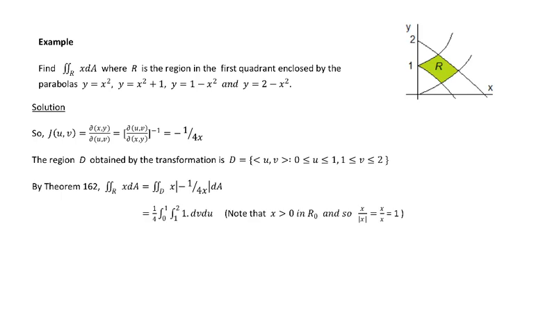Keeping in mind that the absolute value of x is equal to x when x is positive, we can simplify this double integral over D to the iterated integral a quarter times the integral from 0 to 1 of the integral from 1 to 2 of 1 dv du. Calculations of these integrals lead us to a final answer of a quarter.